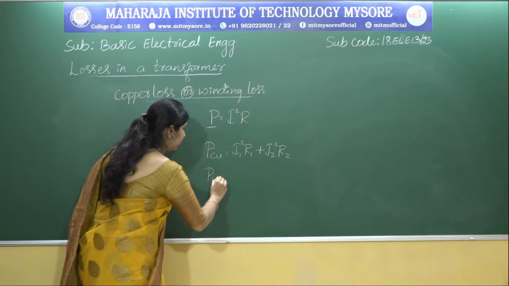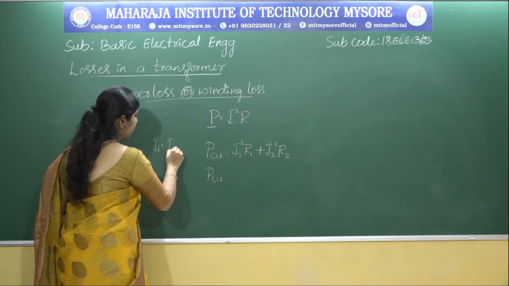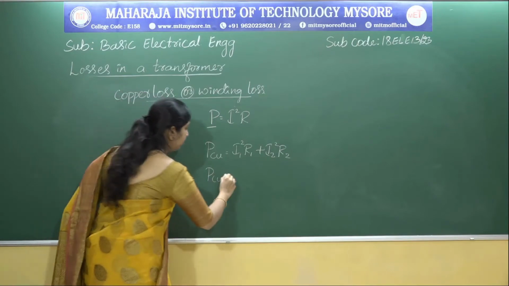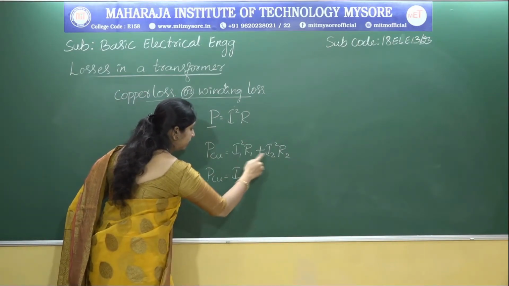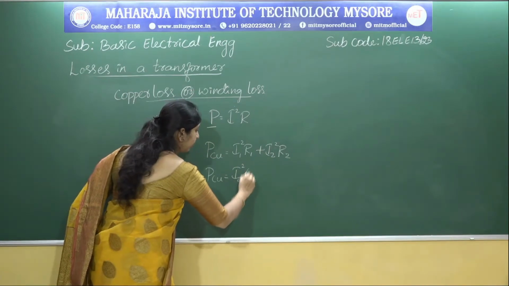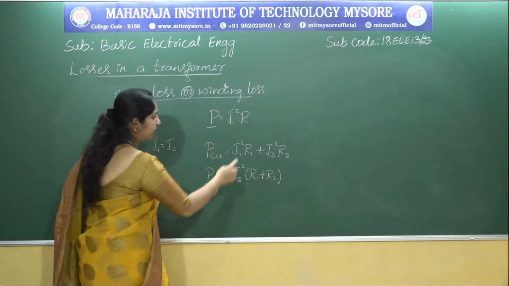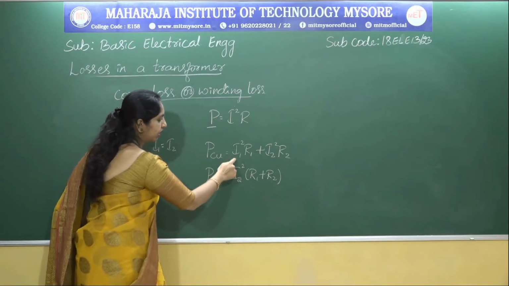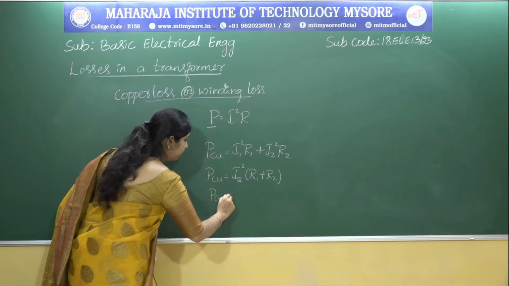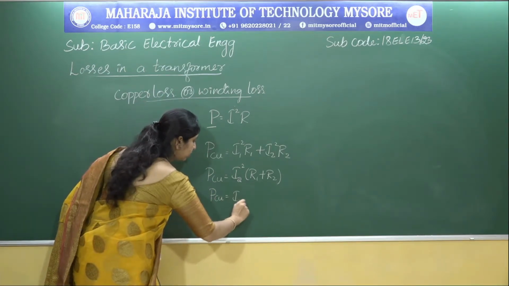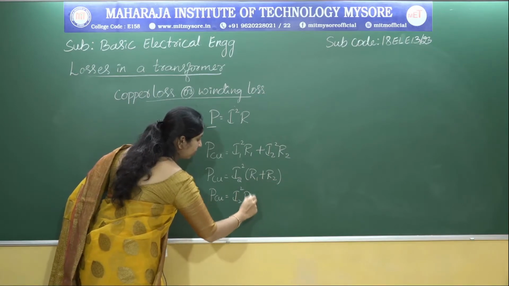If I consider I1 equal to I2, both currents being the same, I can express it as I2 square into R1 plus R2, because I am taking I2 common. Finally Pcu is equal to I2 square into R. What is R1 plus R2?